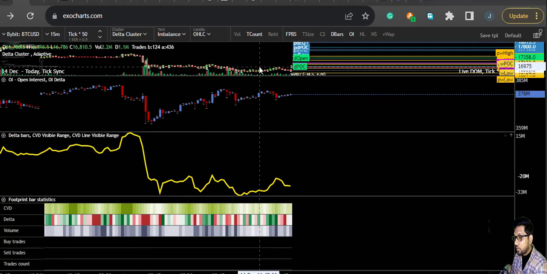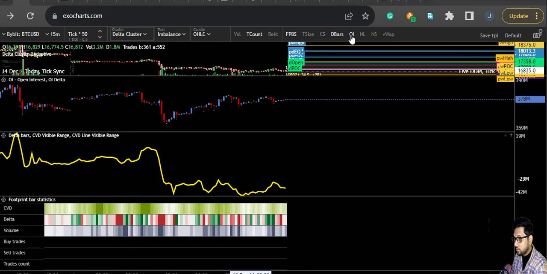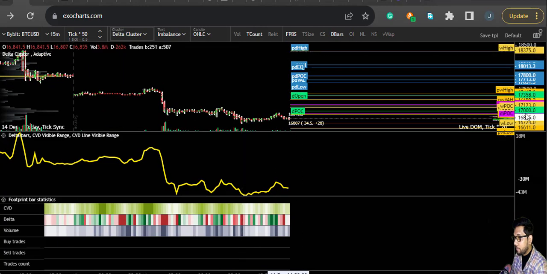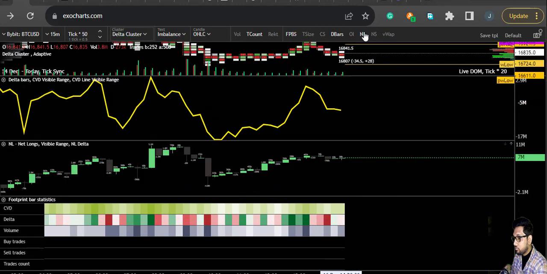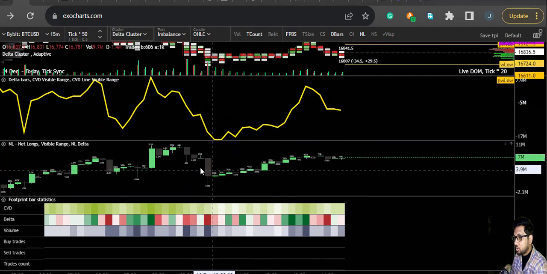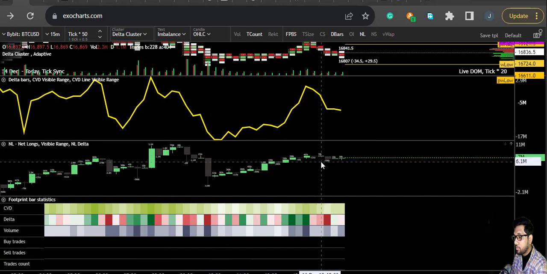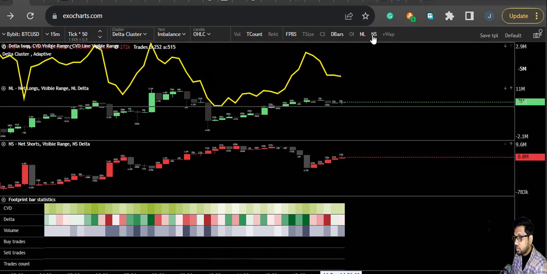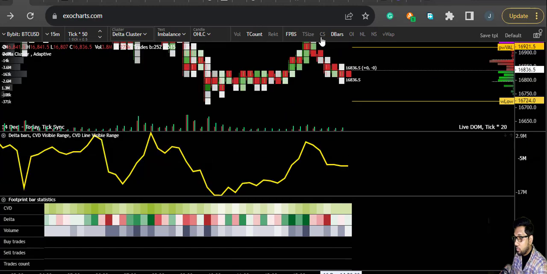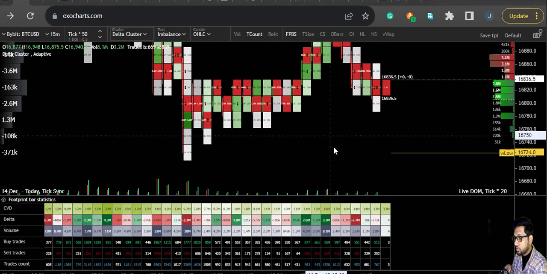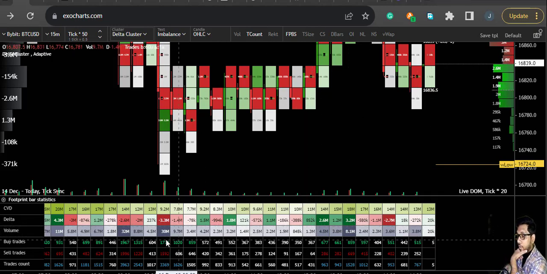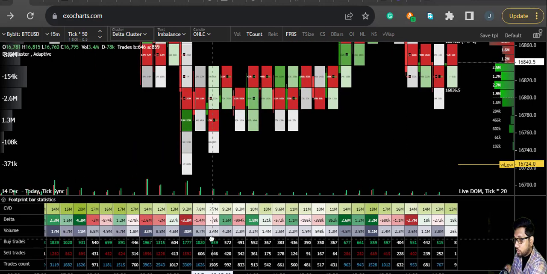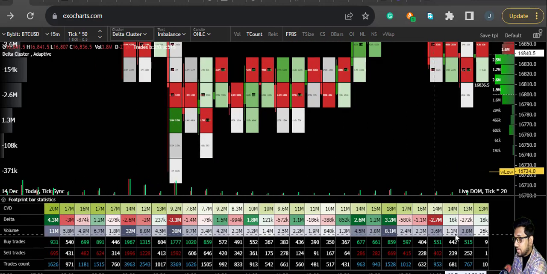The open interest is going up, price is not following it. Plus, net longs are just closing but not increasing that much. Instead, shorts are increasing. Also, if you see the order flow footprints, we have a really low amount of volume, plus the delta is not much.